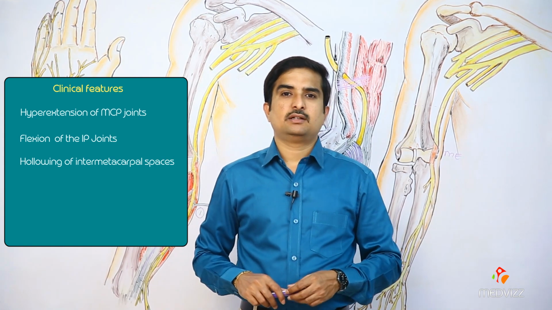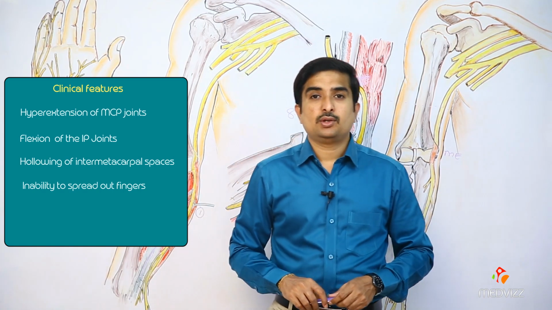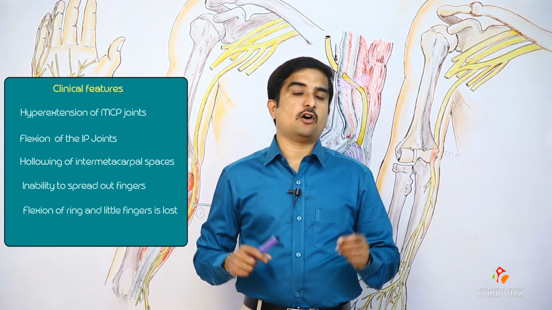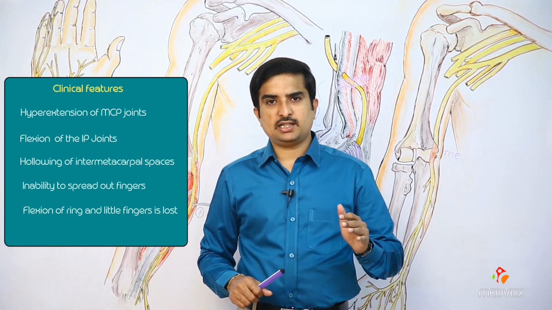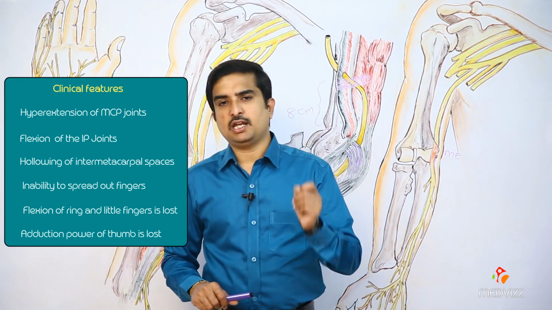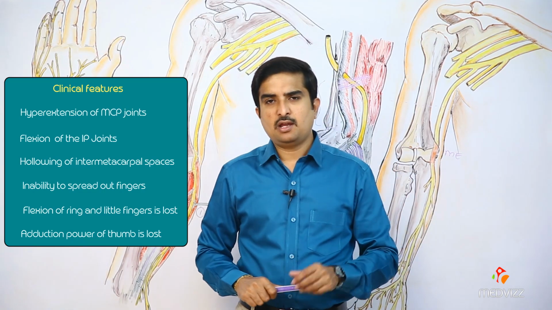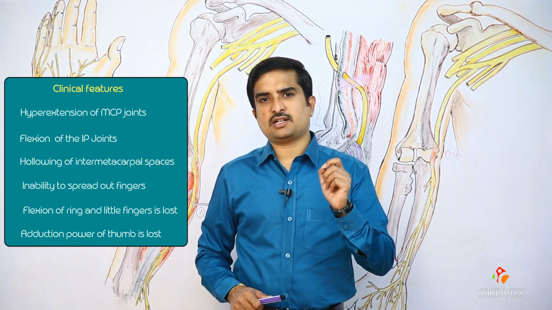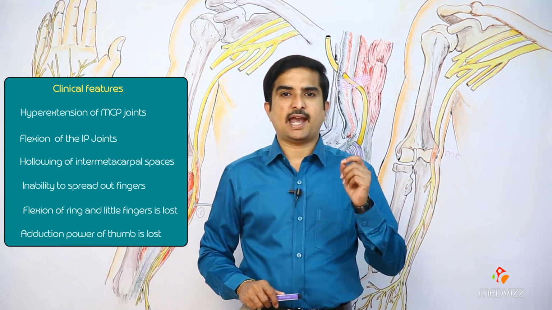Along with that, there is inability to spread out the fingers, and flexion of the ring and little fingers is lost. Not only that, you may also see the adduction power of the thumb is lost. These problems listed in this table are the characteristic signs and features of injury of the ulnar nerve at the wrist.